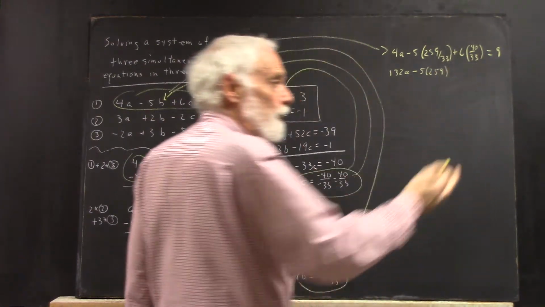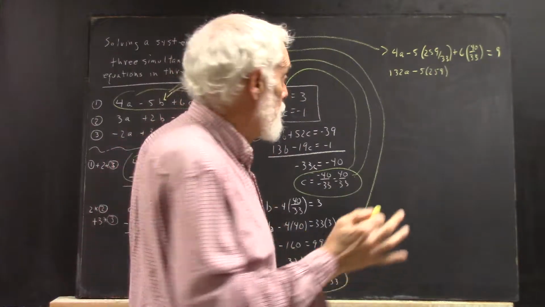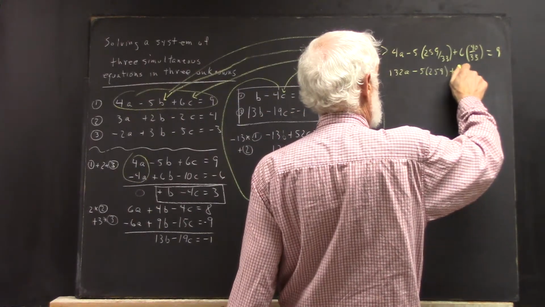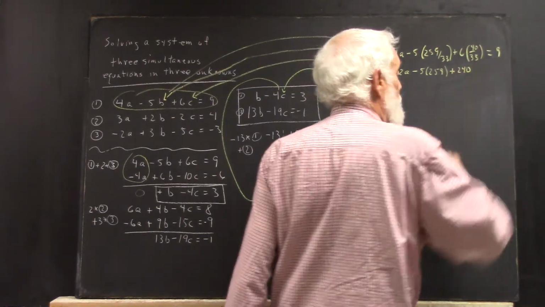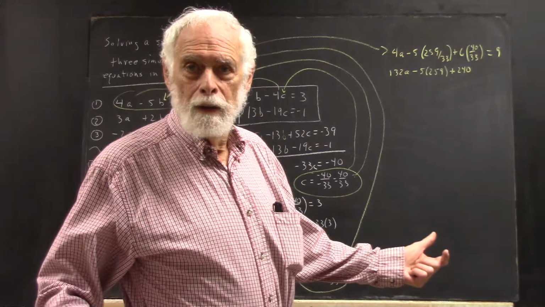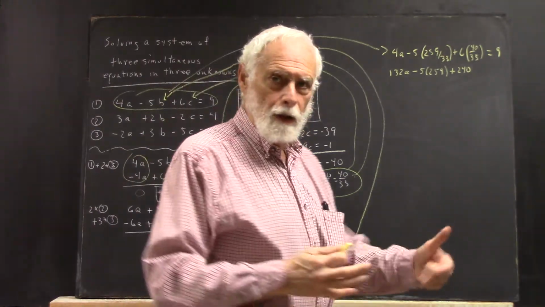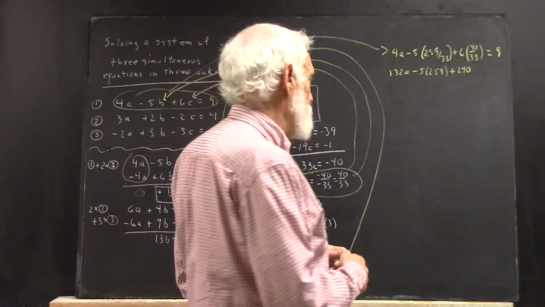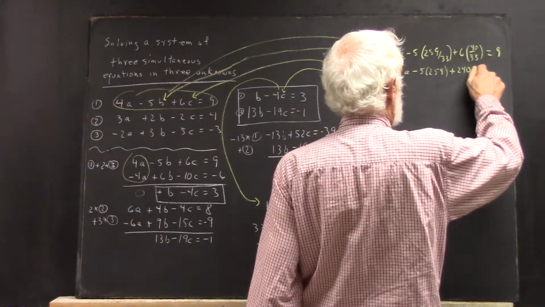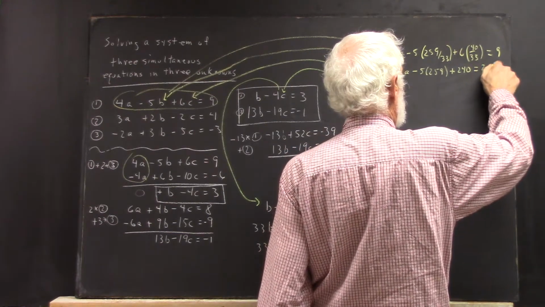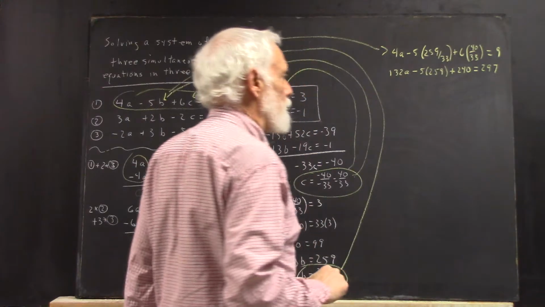And there are steps that I'm leaving out that you should be putting in until you're totally comfortable. Because if you're not putting in the steps, chances are you're going to get around to a solution and find when you check it that it's wrong, and then you've got to go to a whole lot of trouble. Anyhow, that 9 times 33 is 270 plus 27 is 297.